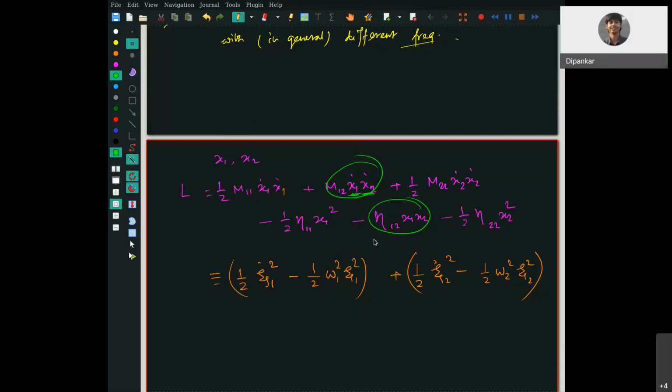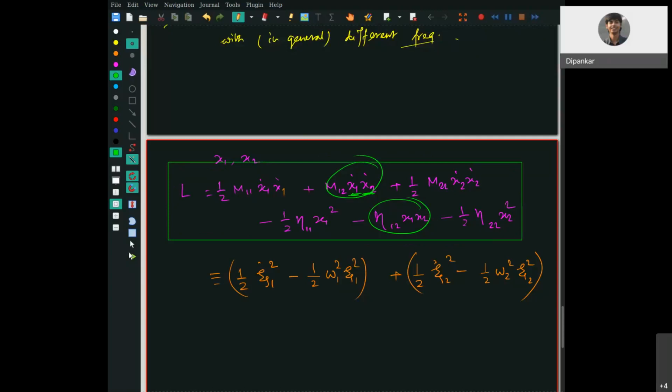Where at which point? After Taylor expanding, we got this. So this term was written on the ground that I am neglecting higher powers of x. That's why we wrote it.